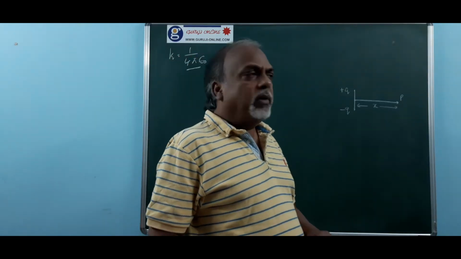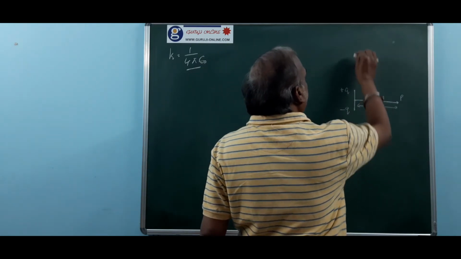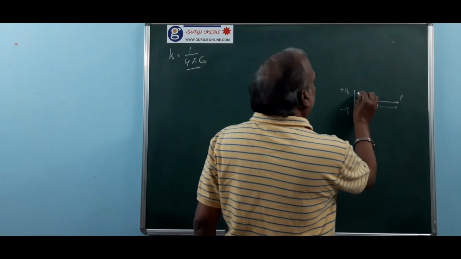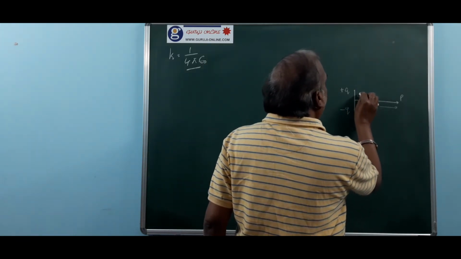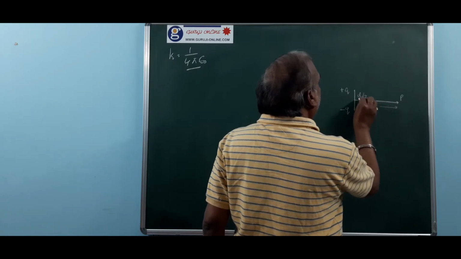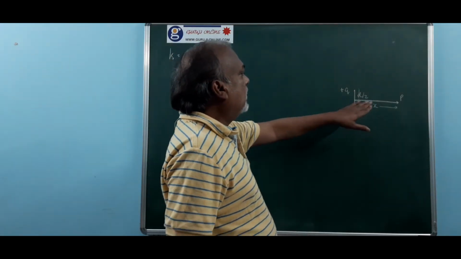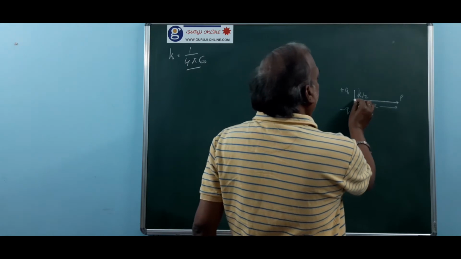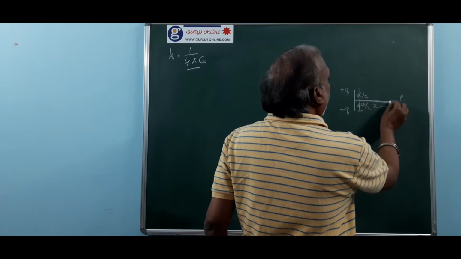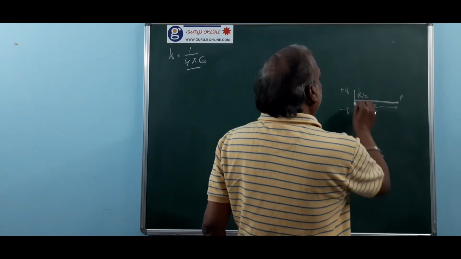Now in our previous derivation we have seen the electric field at this axis along the line joining the two charges. Okay, now let us find out the electric field on the line through the midpoint of the dipole, at x distance from this midpoint.